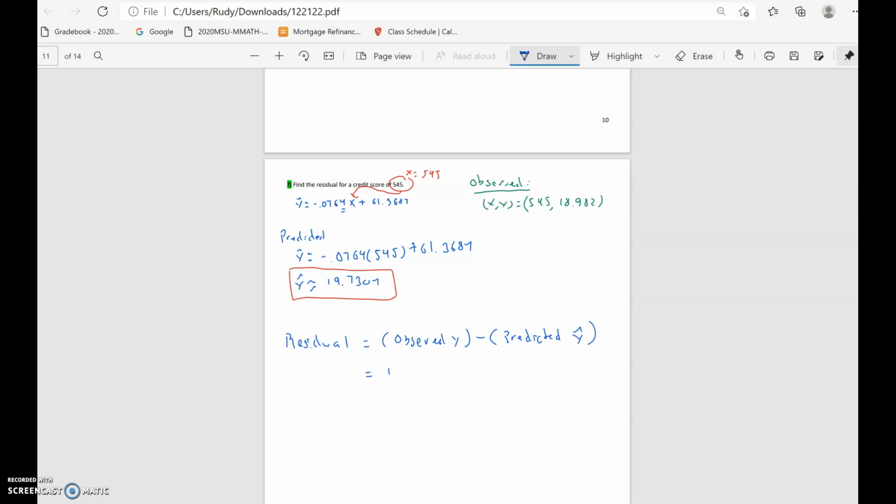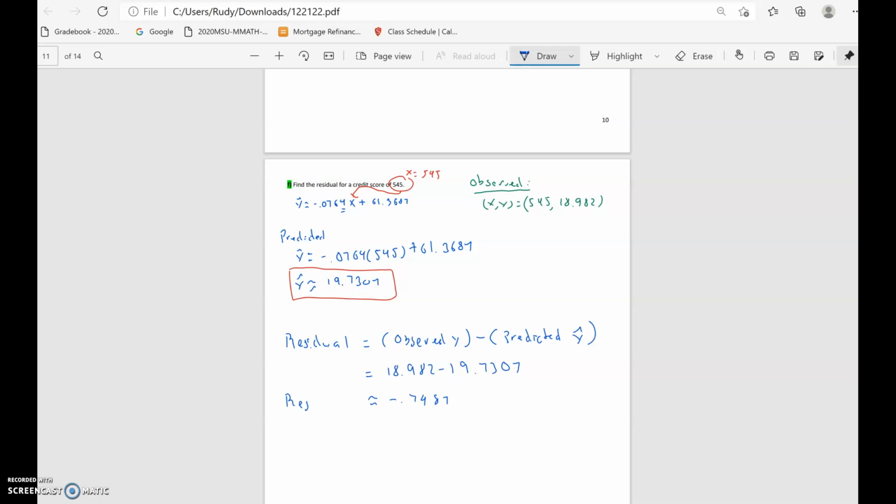So in this case, it'll be 18.982 minus the 19.7307. And I'm getting that the residual, it's negative 0.7487.